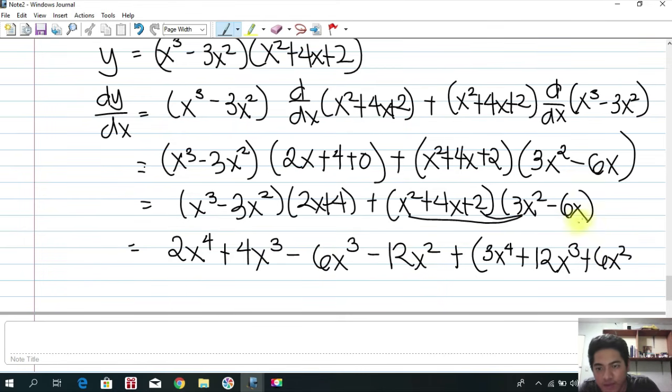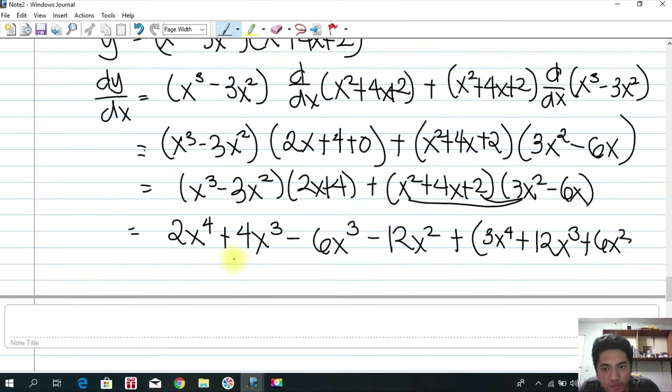Then negative 6x times x squared, that is equivalent to negative 6x raised to 3. So negative 6x times 4x, that is negative 24x squared. And lastly, negative 6x times 2, that is negative 12x.